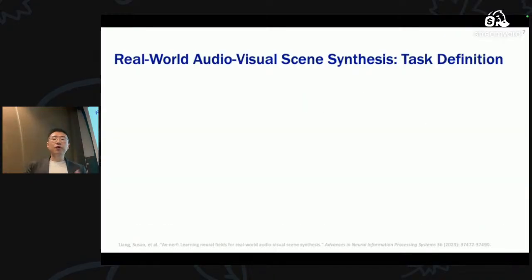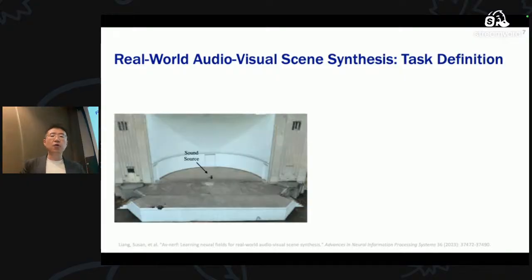Before we talk about the method, we always want to define the task a little more concretely. What is our goal here? This is an open stage in Highland Park in the city of Rochester, and we placed a 360-degree speaker as our sound source in the middle of the stage.